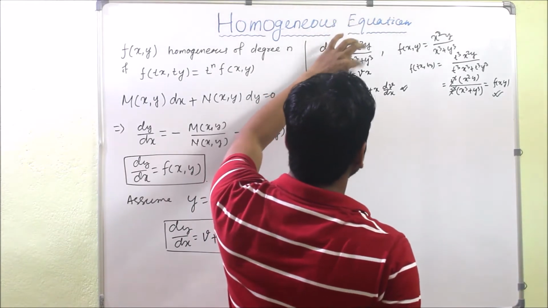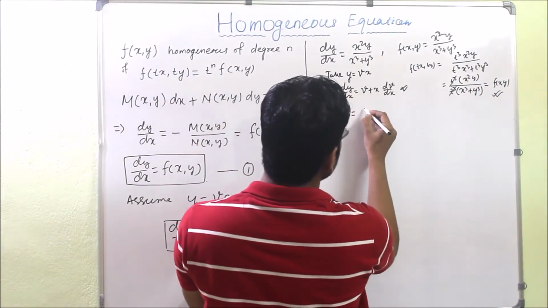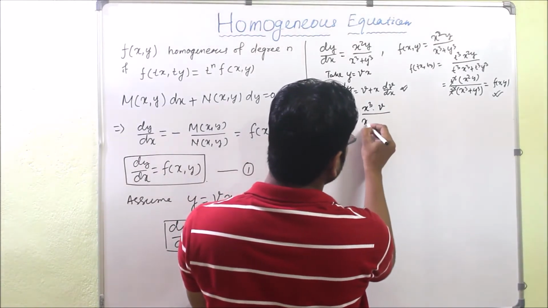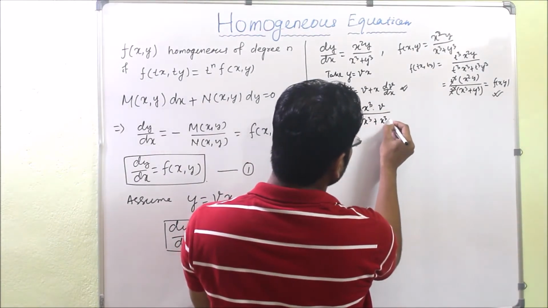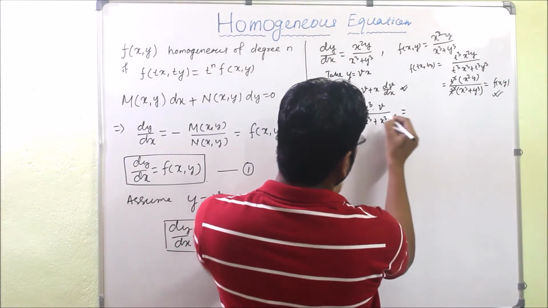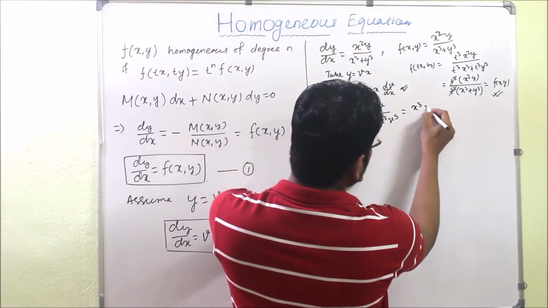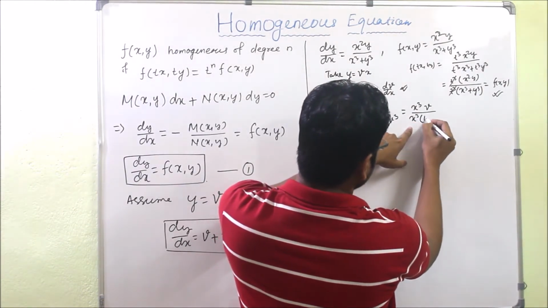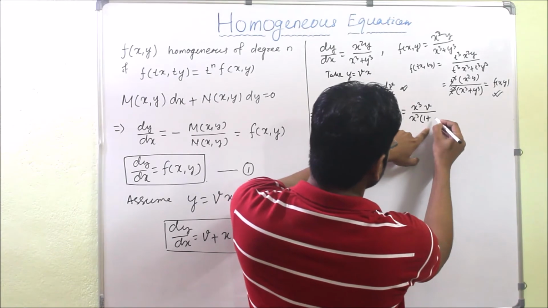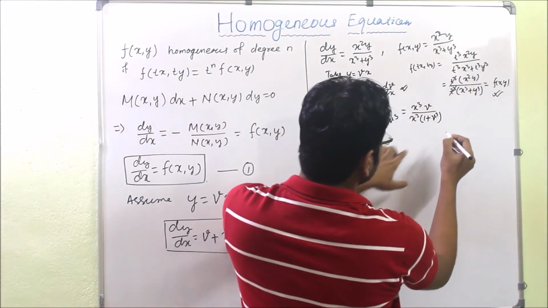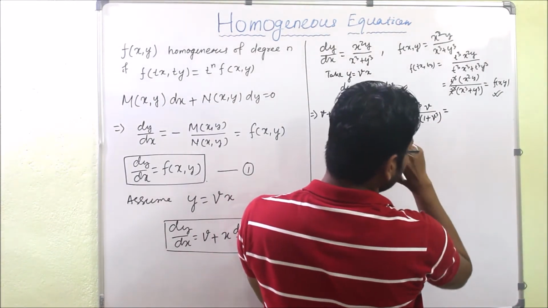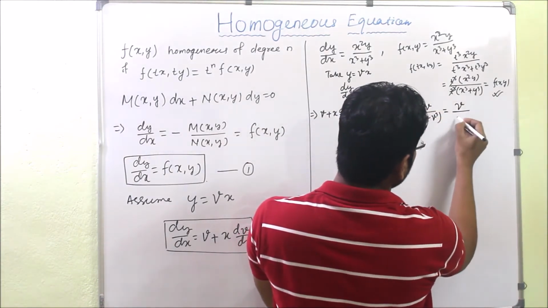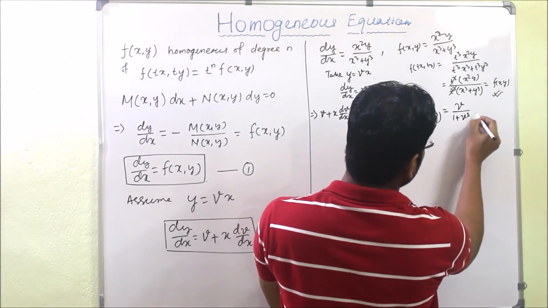In place of y you have to put vx. Then it will be x cube into v divided by x cube plus x cube v cube. Now if you take x cube common, below it will be x cube whole into 1 plus v cube. Now x cube will cancel out and it will finally be v by 1 plus v cube.